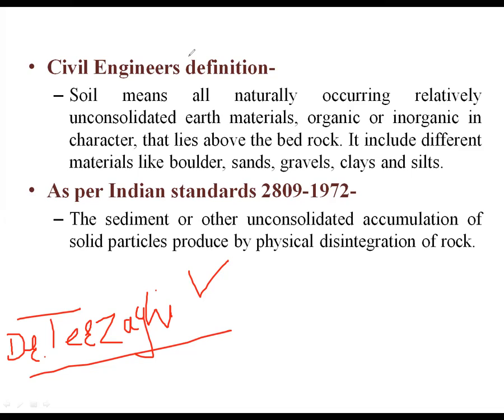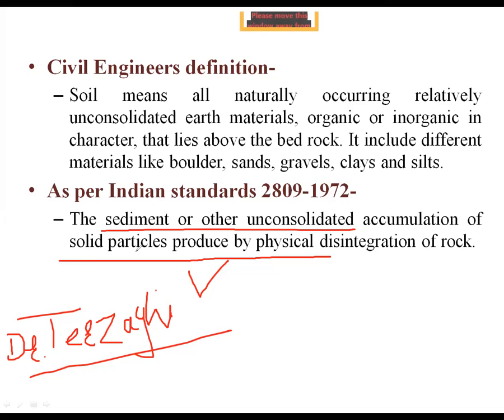Okay, the sediment or the unconsolidated accumulation of solid particles produced by physical disintegration. Sorry, this is not a definition. The definition is: soil can be divided into its constituent particles relatively easily, such as by agitation in water.